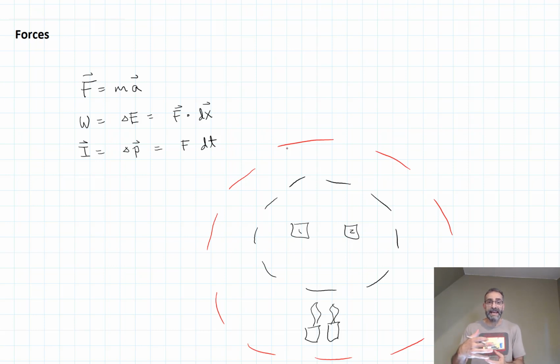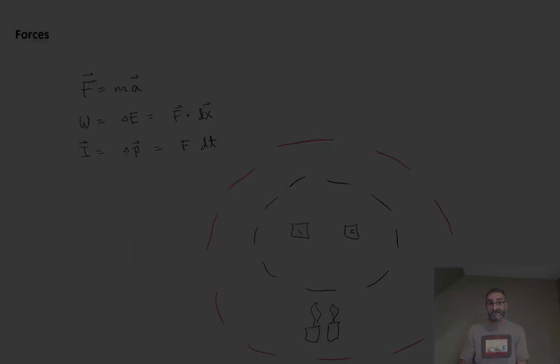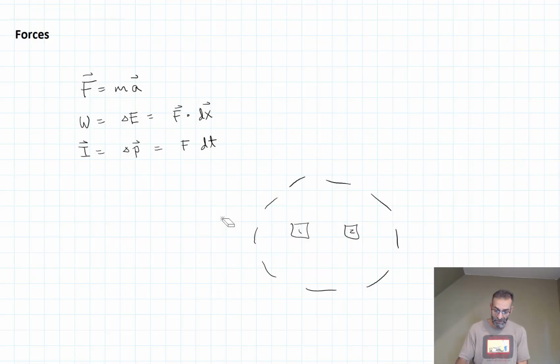If I'm allowing energy to flow in or out, or external forces to come in or out, then energy is not conserved. So I could reach in with my hand and push, exert a force, and energy would not be conserved for this system because I have some external force coming in, the force that my hand is providing.